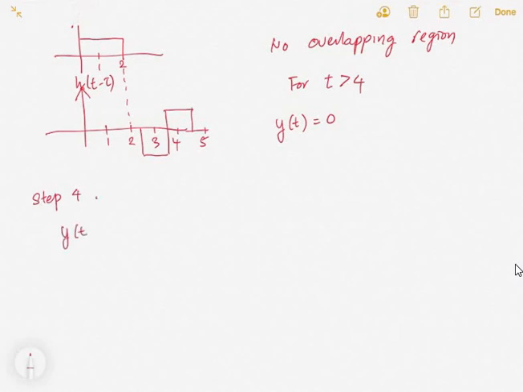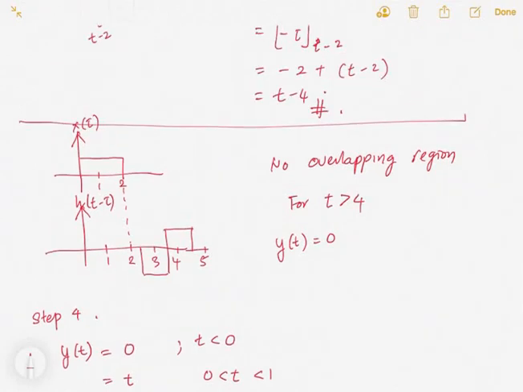You get y(t) equal to 0 when t less than 0 and equal to t for t from 0 to 1. And then you get negative t plus 2 for t 1 to 3. Why did I say 1 to 3?